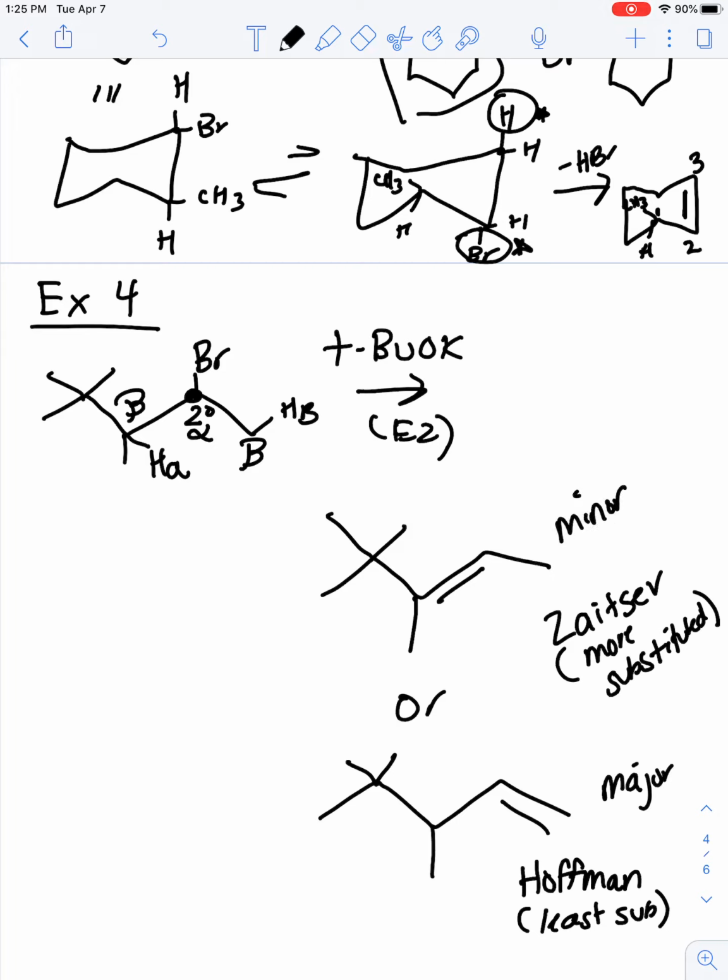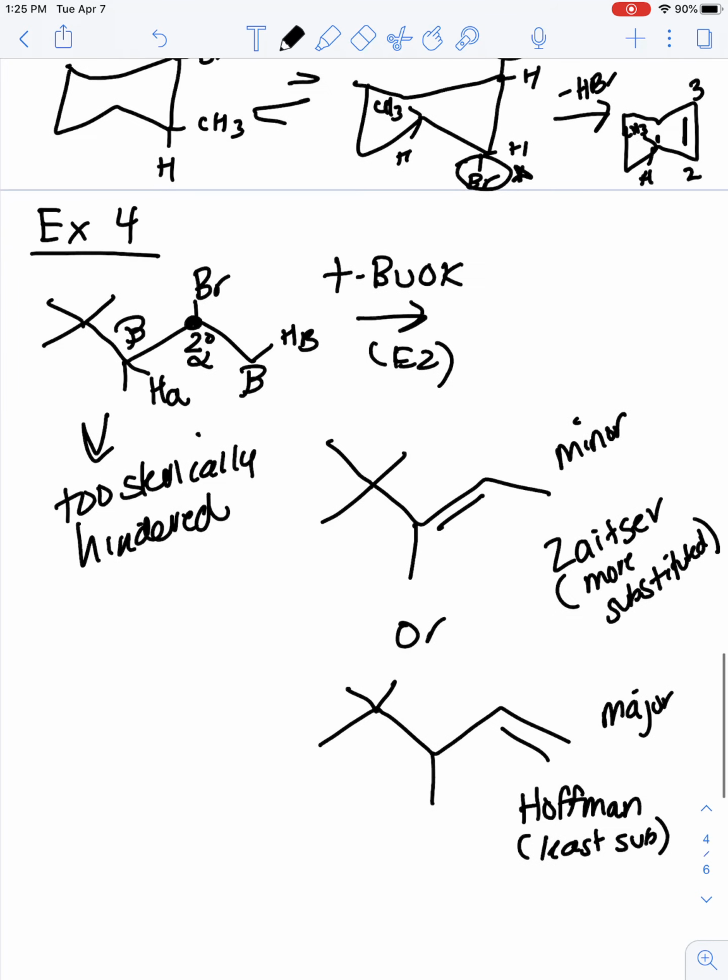The reason the Hofmann product is the major product is that this right here is going to be too sterically hindered. So sterics are going to play a major factor in E2 reactions, and they can force the thermodynamically less stable Hofmann product to be the predominant species in the products.